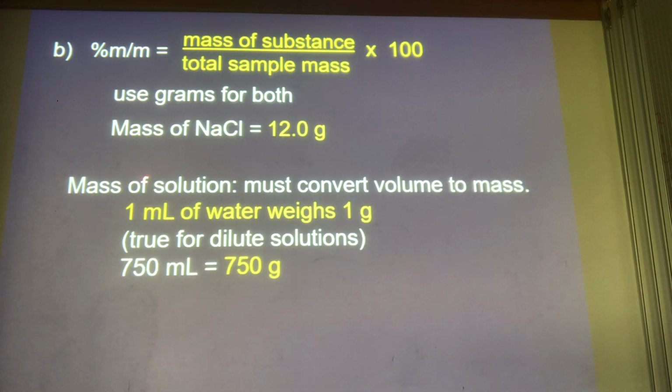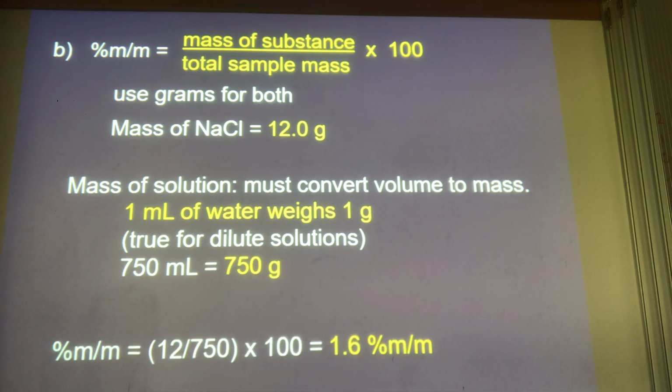Now, of course, we know that 1 mil for dilute solutions, it's true enough, 1 mil weighs 1 gram, so if we've got 750 mils, we've got 750 grams, so we're substituting 12 and 750 again into our formula, and surprise, surprise, we get the same result.